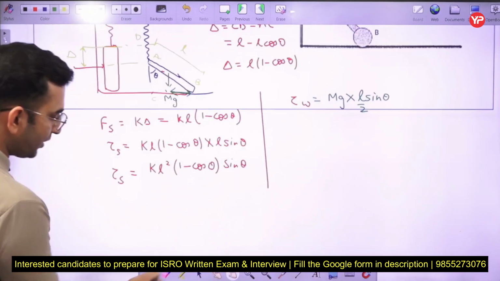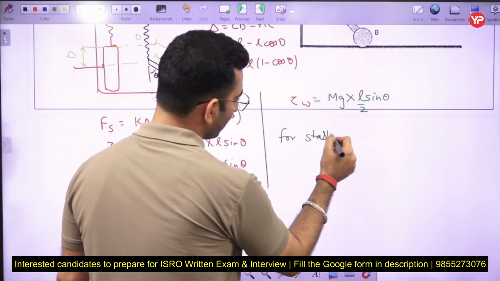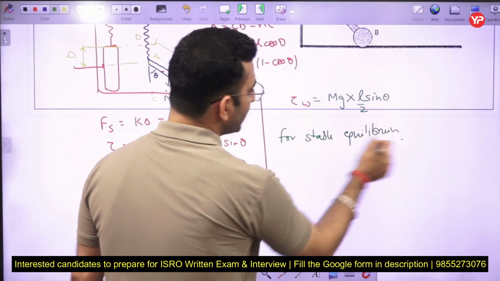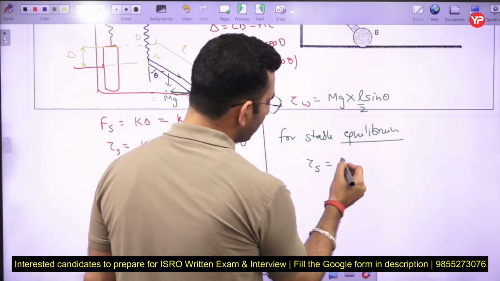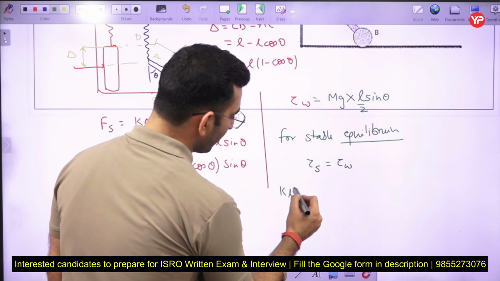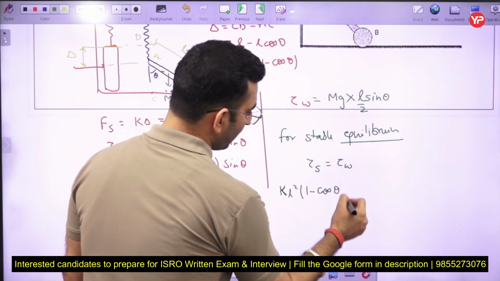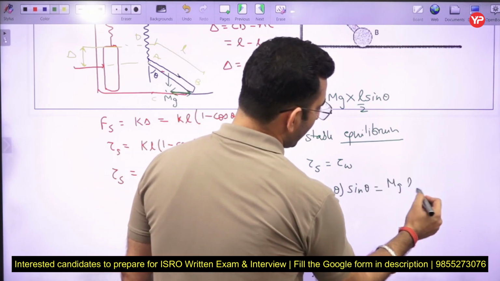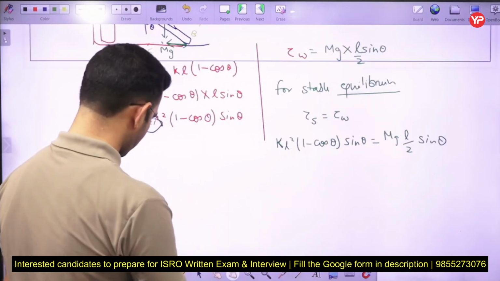So now for the stable equilibrium, these two opposite torques have to be equal here. Under that condition only the spring can remain stable. Tau s has to be equal to tau w. So k L square (1 minus cos theta) multiplied by sin theta is going to be equal to mg L by 2 sin theta.